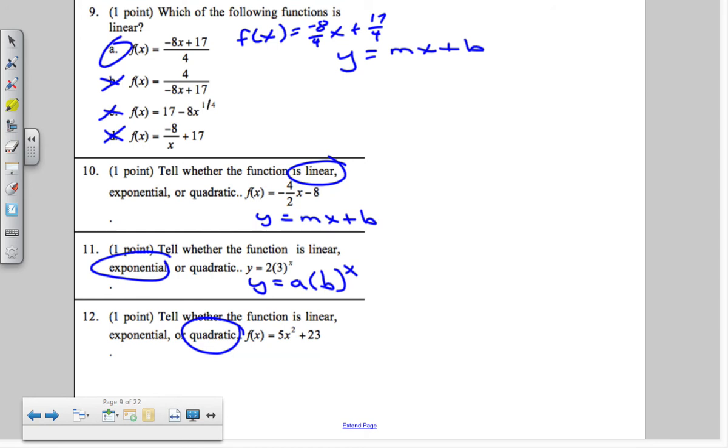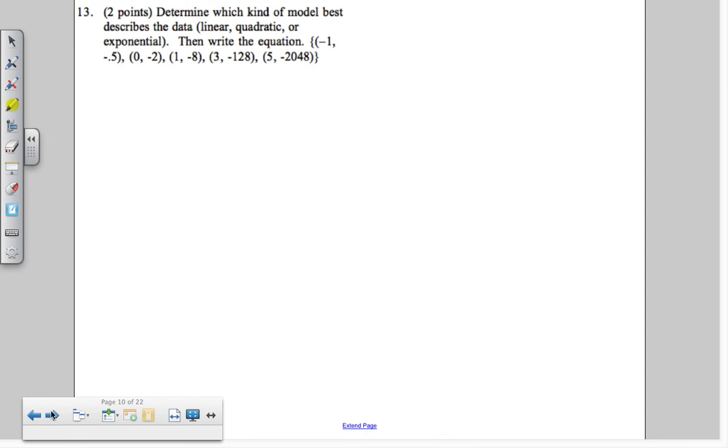Okay? And then the final one, number 13, the thing that's tricky about this last one is they're in ordered pairs, so what I would probably do is change it to a table. And when you do that, you see that they made a jump here.